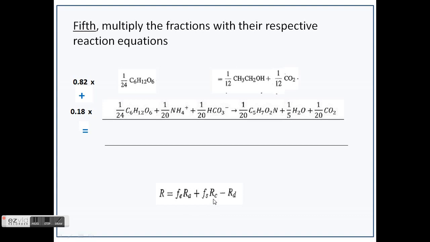So there's an equation in the text here, and suppose you were given Fe and Fs. You don't have to go through all this.